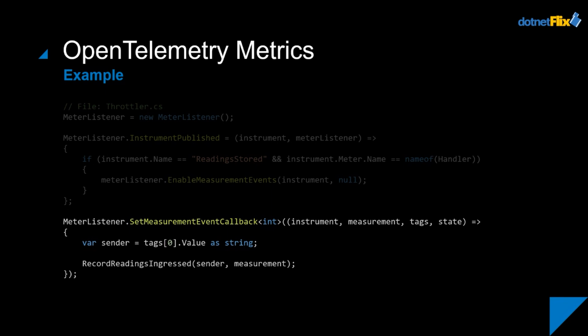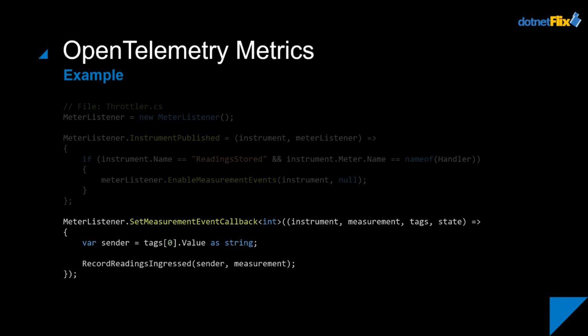In this case, I add a callback which is called when a measurement is made, and I retrieve the sender value from the tags that I add when making the measurement, and I record which sender is reading how many measurements.